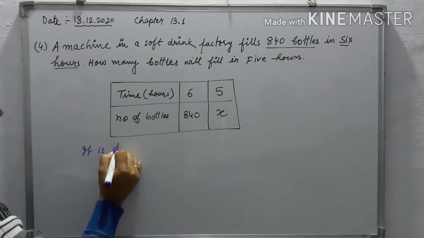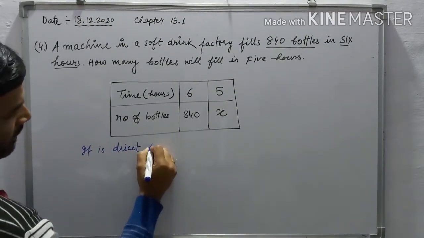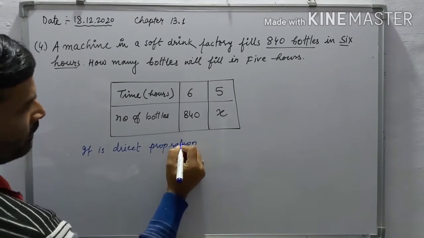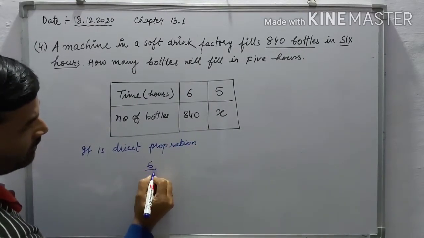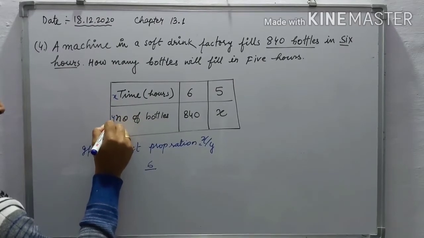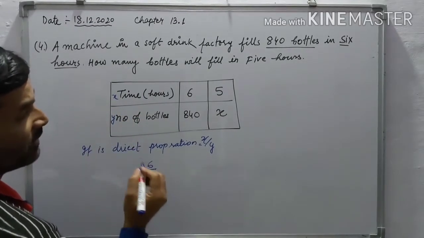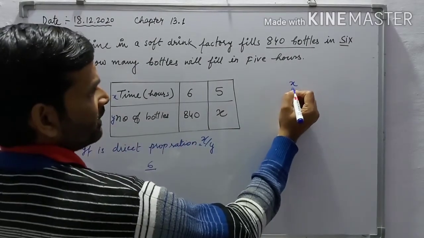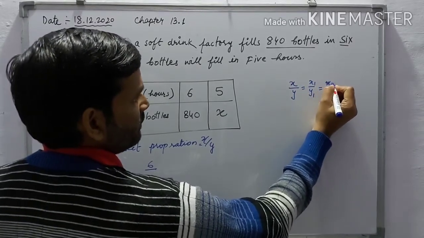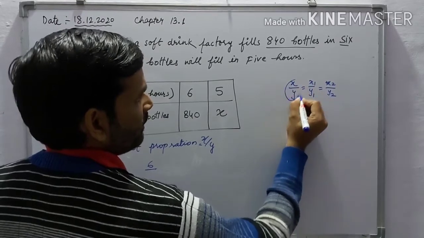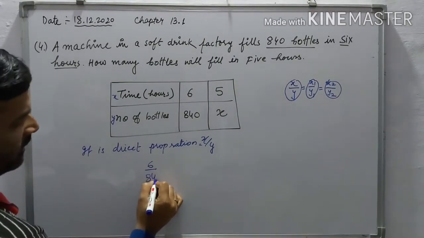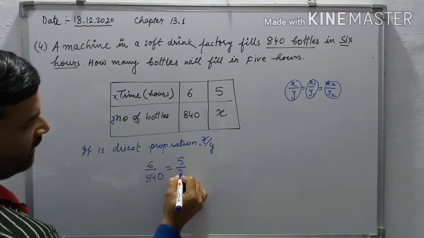So this is a direct proportion. We use the formula x1 upon y1 is equal to x2 upon y2. It is the quantity of x and it is the quantity of y. In direct proportion, the ratio of the quantities is the same. So 6 upon 840 is equal to 5 upon x.